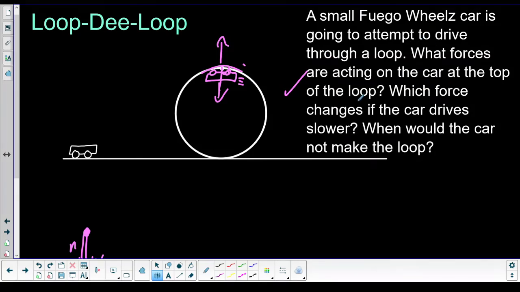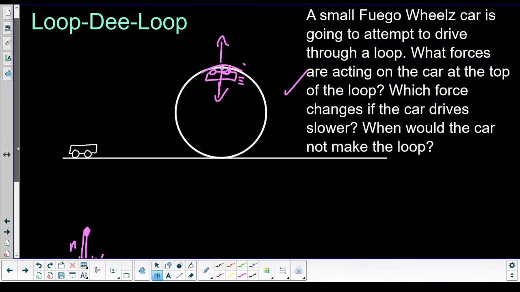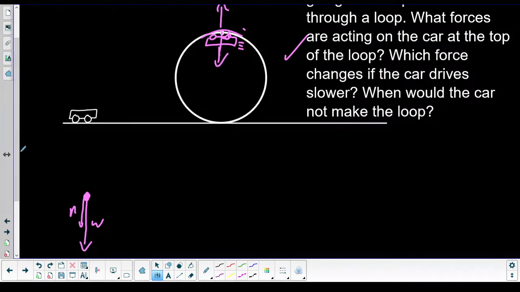Which force changes if the car drives slower? Okay, that's an interesting question, right? It seems really obvious, right? You might know the obvious answer. Does gravity pull on you less if you drive slower? Is your speed part of the weight formula?